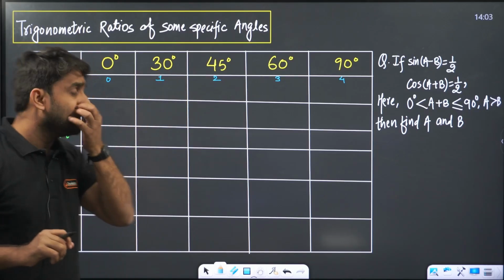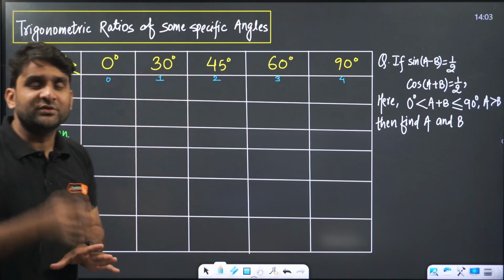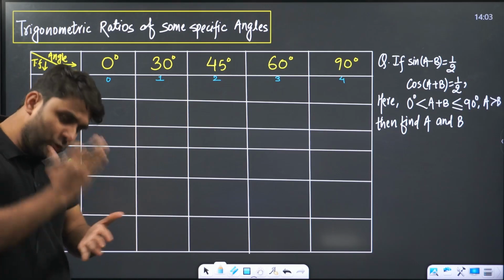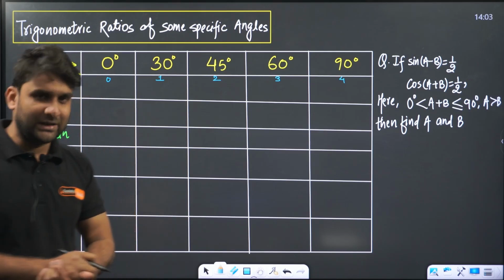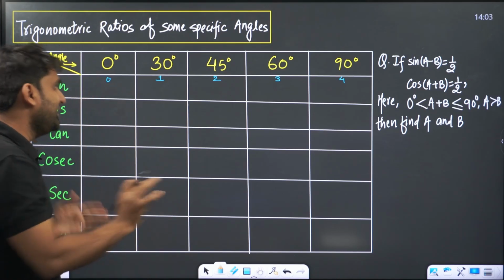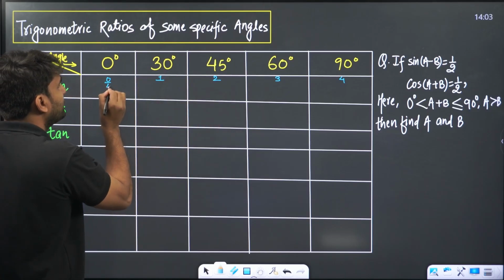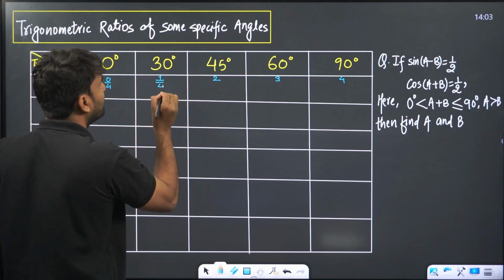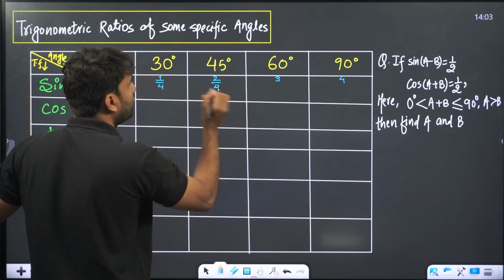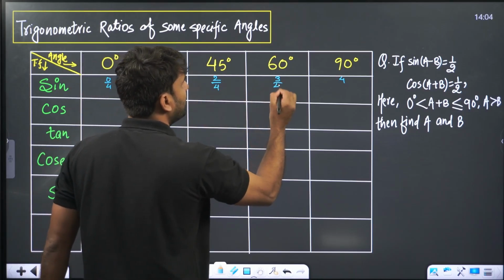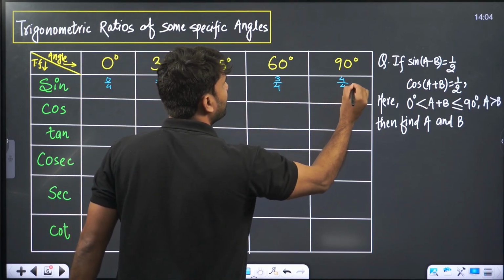Write the counting from 0 to 4: 0, 1, 2, 3, 4. Clear, everyone? Now divide all these numbers that you have written here by 4. 0 by 4, 1 by 4, 2 by 4, 3 by 4, and this is 4 by 4, which is equal to 1.